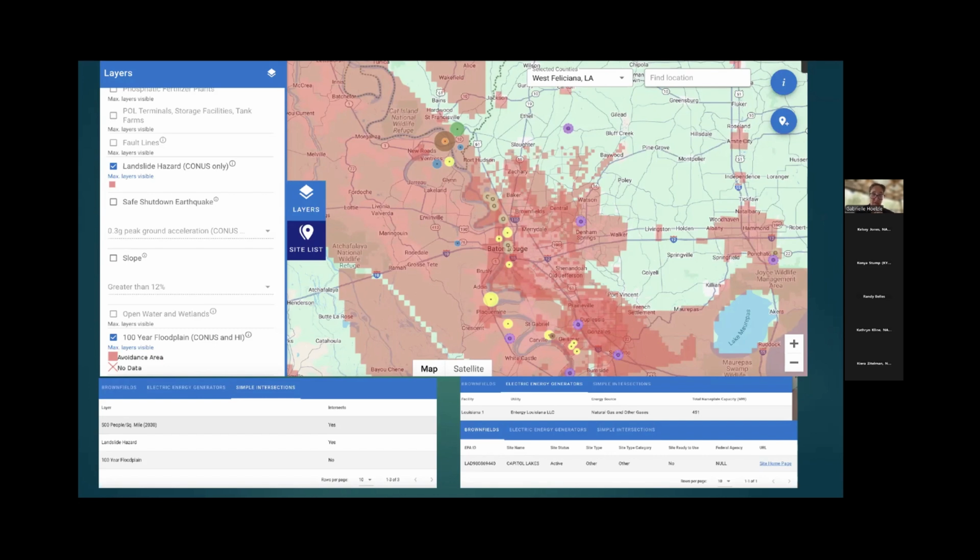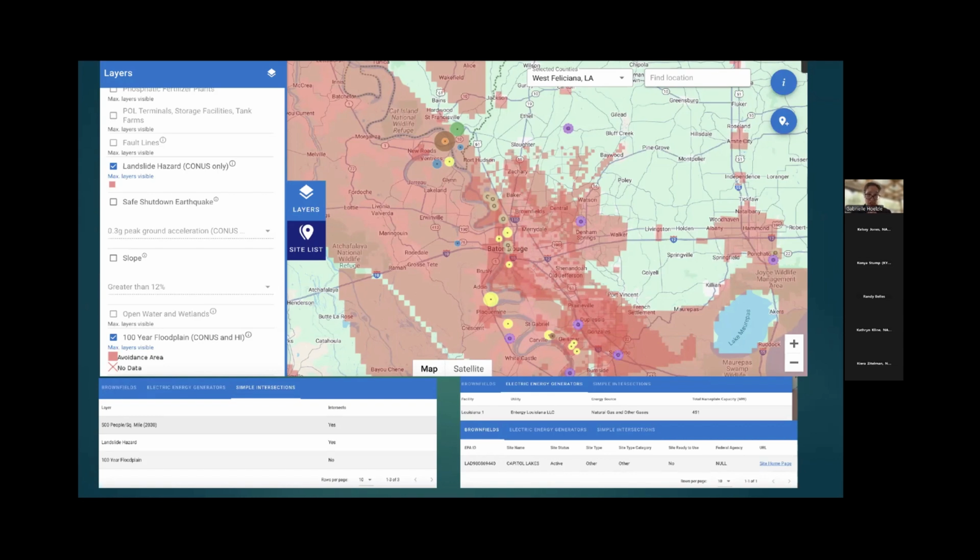So at that spot of click, for example, the intersection with some of the safety factors are it is in a population zone, there is landslide hazard, and there is not a floodplain there. On the right hand, you can also identify any electricity energy generators at that site, and also brownfields.